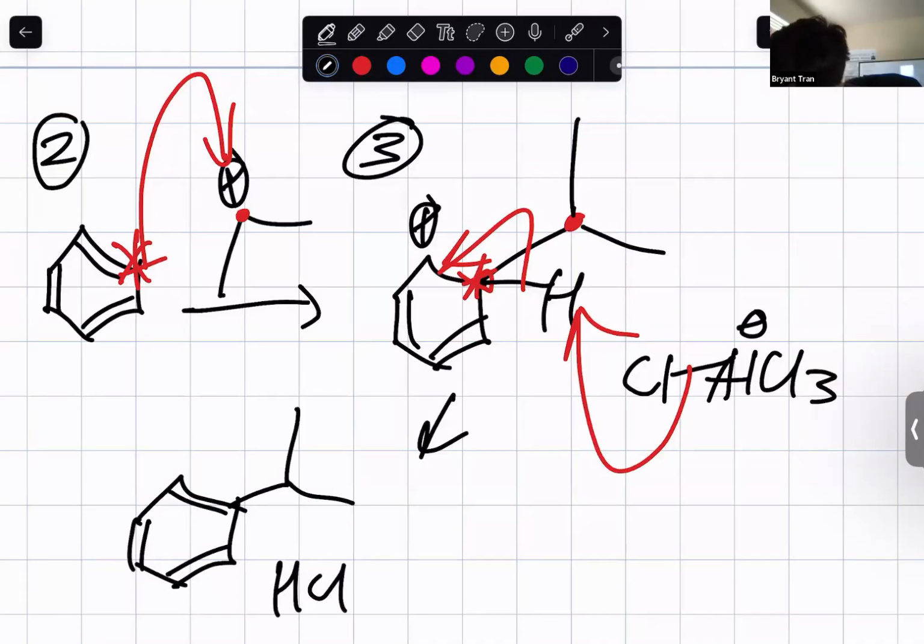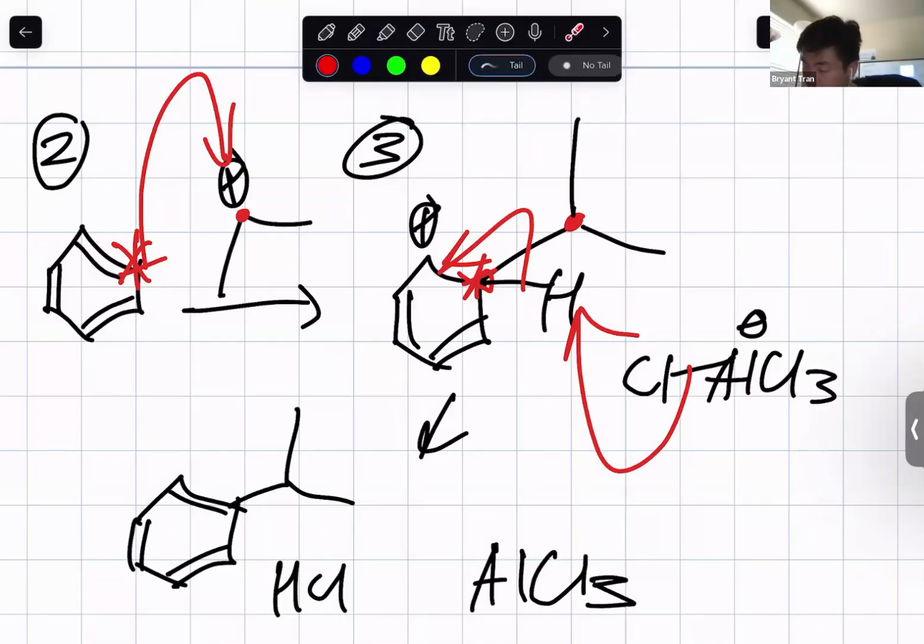HCl is a byproduct, and our metal Lewis acid catalyst, AlCl3, gets reformed in the mechanism here. And we see that this Friedel-Crafts reaction made a new bond between carbon and carbon atoms, right? All Friedel-Crafts reactions will make a new carbon-carbon bond. Okay. Any questions about this scenario of Friedel-Crafts alkylation?